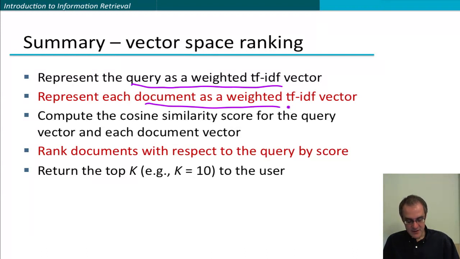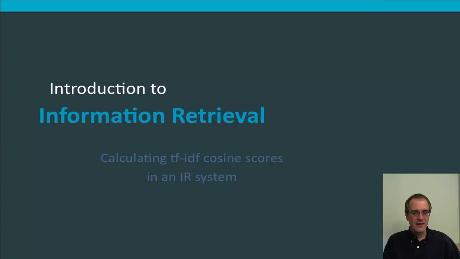Then to score a pair of a query and a document, we work out cosine similarity scores, which we straightforwardly use to rank the documents. In the first instance, we return some top k, for example the top 10 documents according to this score, to the user as their initial results, and if they ask for more, we can show them more. Okay, so that's the general idea of how we can start to build a TF-IDF ranked retrieval system.